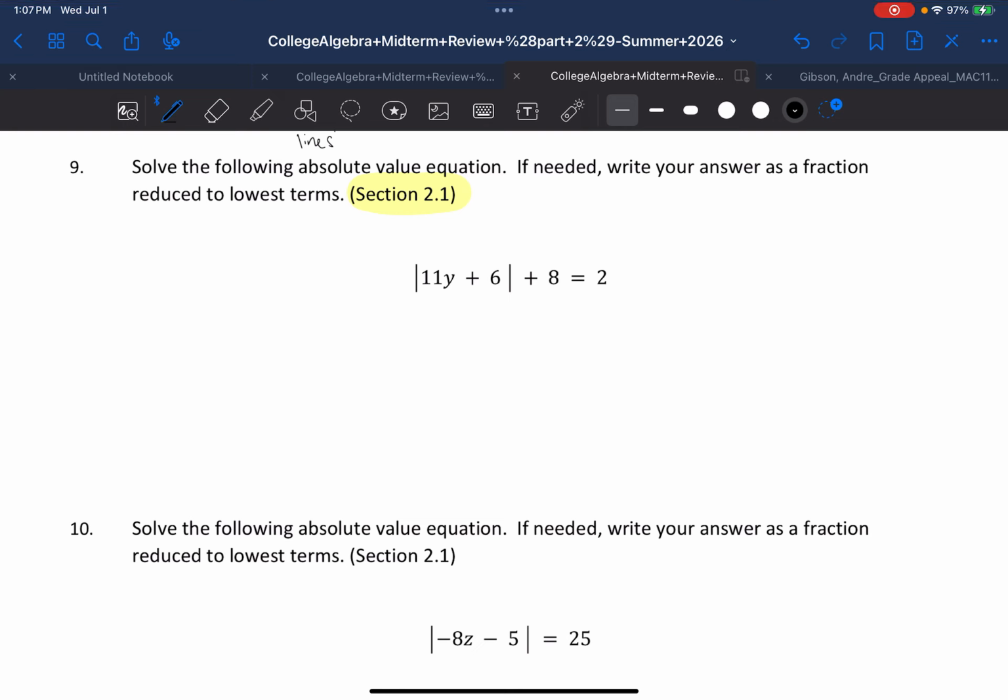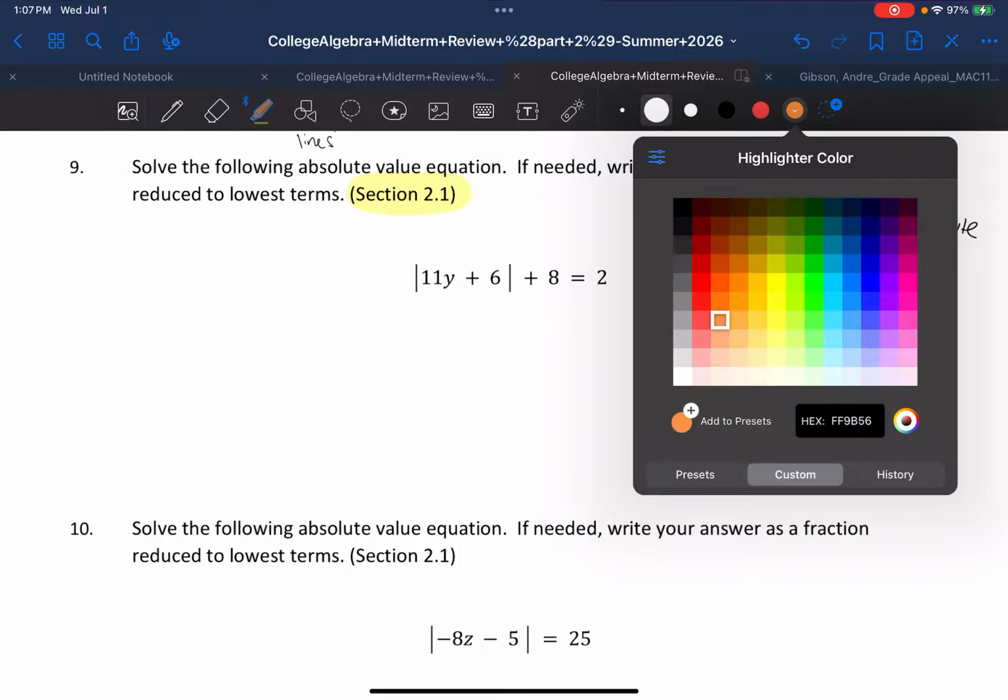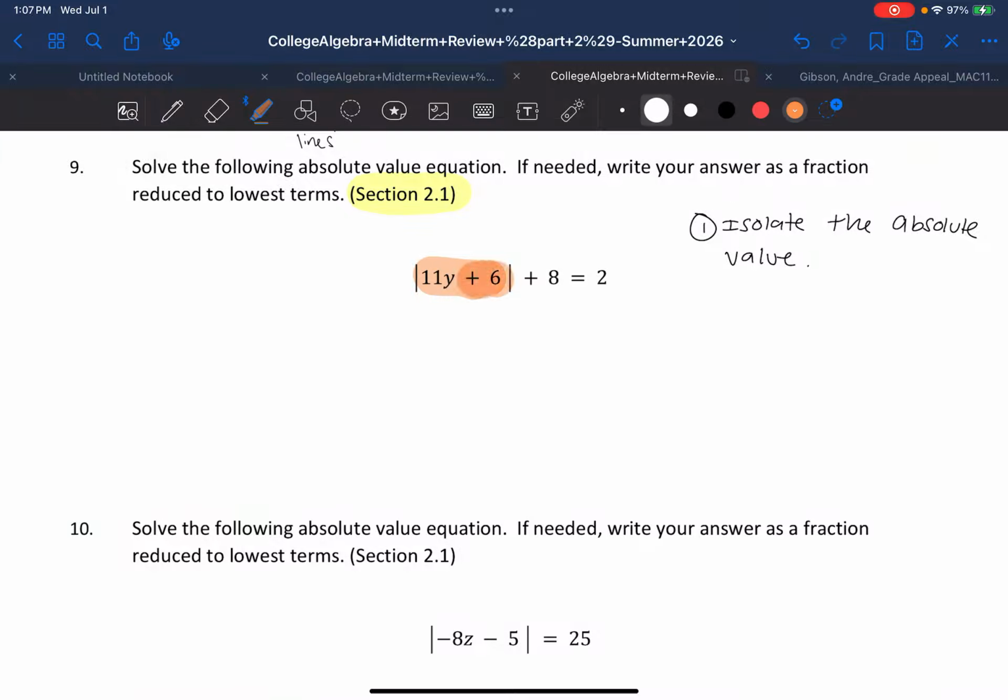So when you are solving an equation that has an absolute value in it, the first thing you want to do is isolate the absolute value. So get it by itself on one side. The entire absolute value is this entire expression here, everything inside the up and down bars.